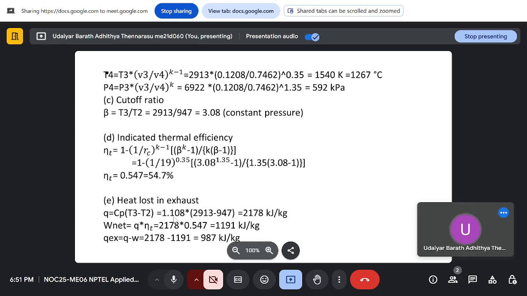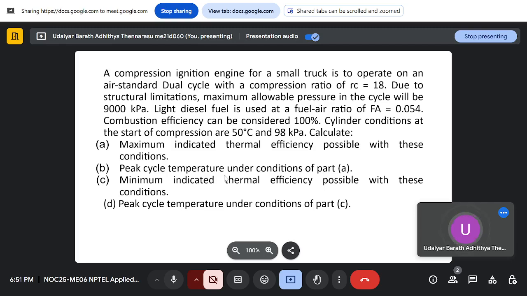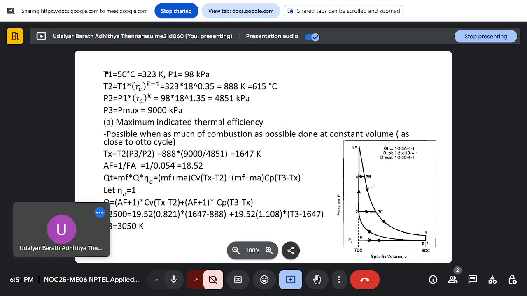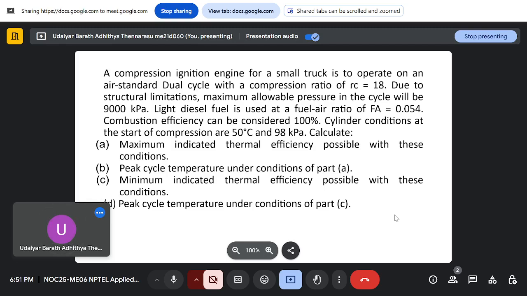So next is to find out the heat lost in exhaust. Heat lost in exhaust is Cp (T3 minus T2), or directly you can find Cp (T4 minus T1).